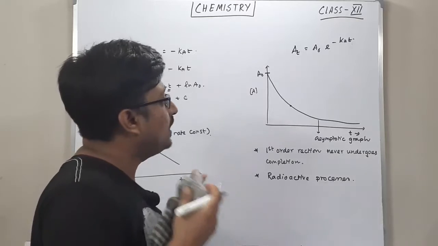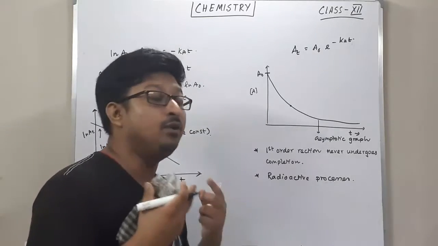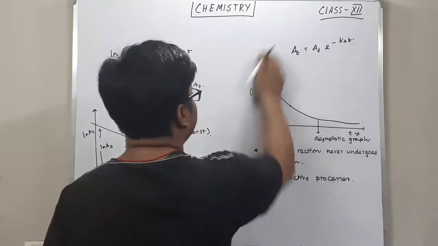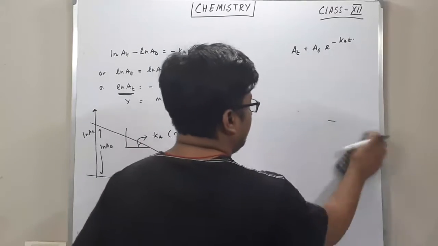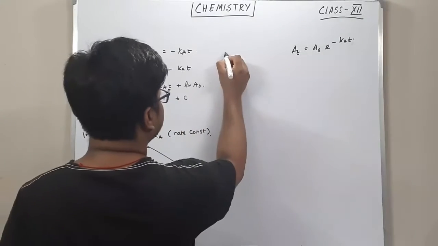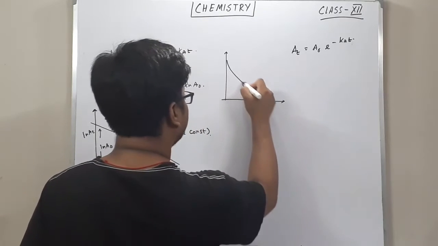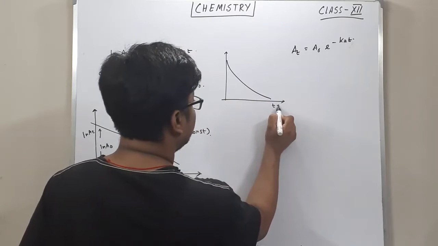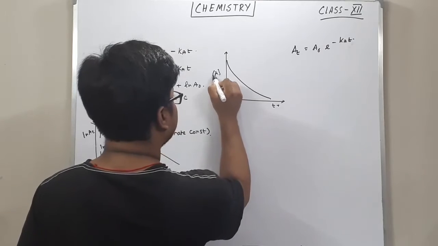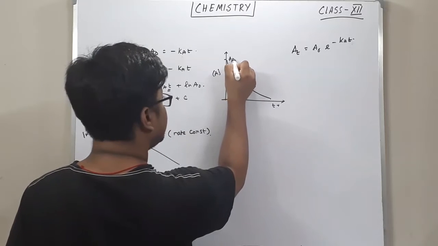Now this first order reaction has, I would say, many beautiful points you can conclude from it. Okay. What we can do? Let's plot this one. So this was the graph: concentration of A against time, starting from concentration A0.